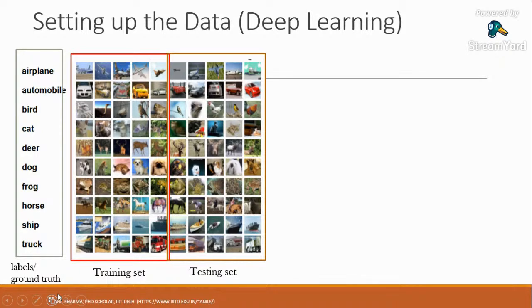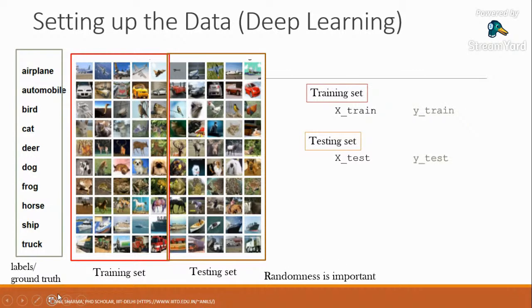We need to make sure that there are equal numbers of samples of each category in the training and testing set, otherwise it will be an imbalanced set. The labels and ground truth are both used interchangeably. Basically, we create this split using random selections.